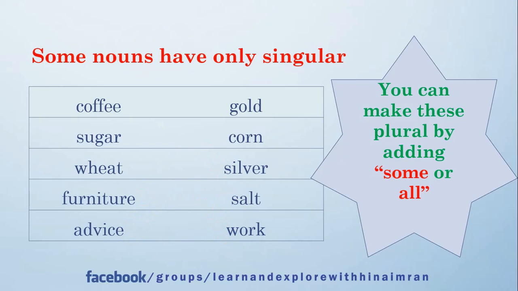Now, if you want some salt, you are not going to say, I want 1 salt. You're going to say, I want some salt. Or you can say, I want to have some sugar. So this is how you're going to make it plural. But they don't have S to make themselves plural.